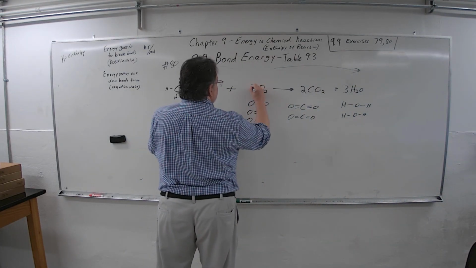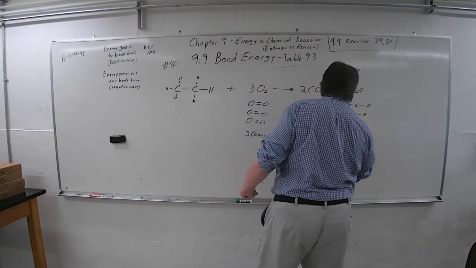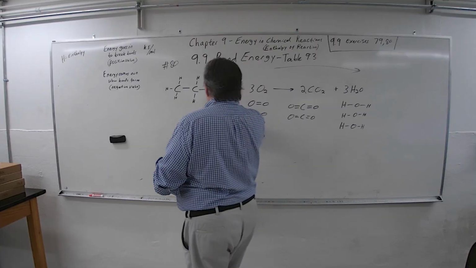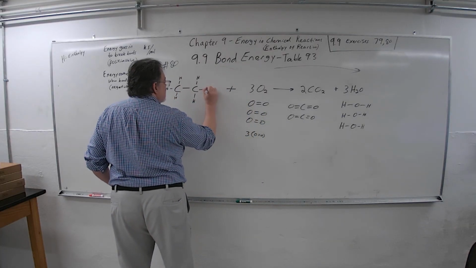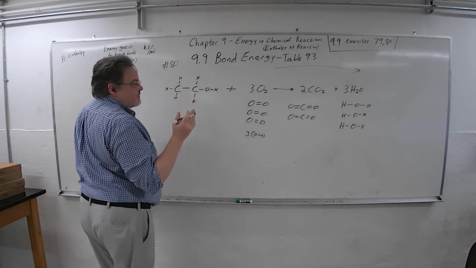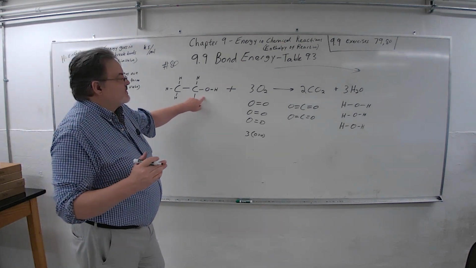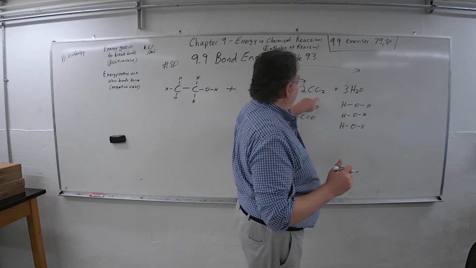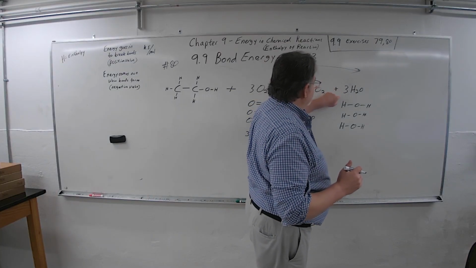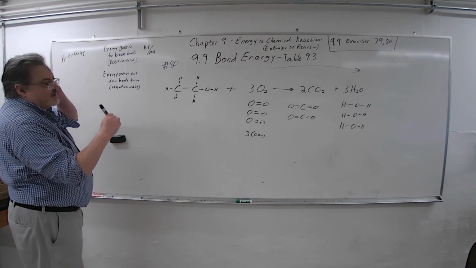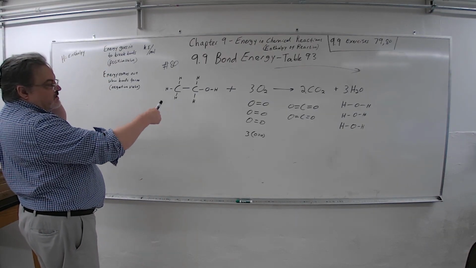So if I did this again, is that balanced? Oh, I was missing this one. 6, 4, 5, 6, 7. Yeah, okay. That's balanced. Good. And then 6 hydrogens. Yes.